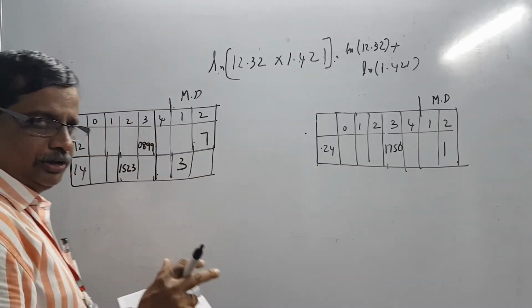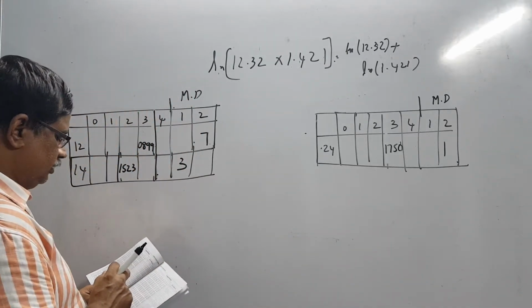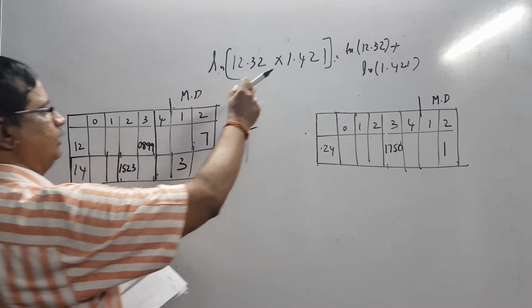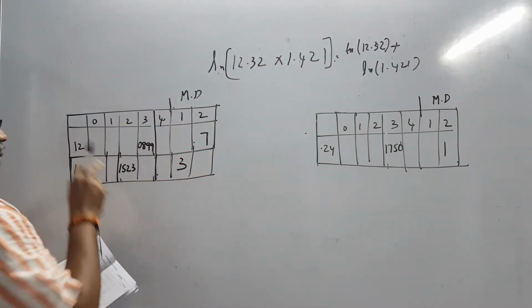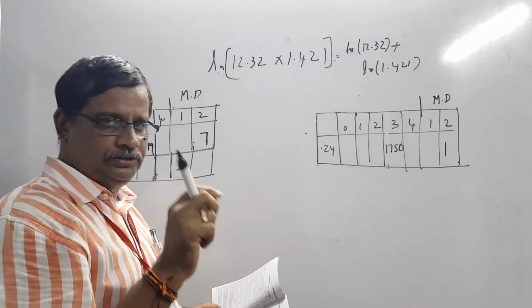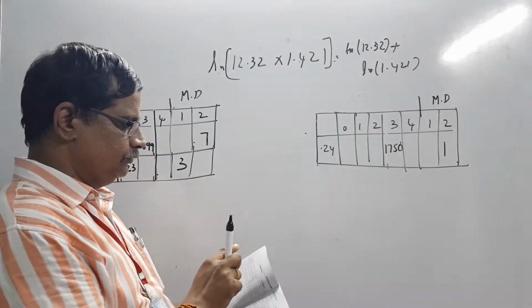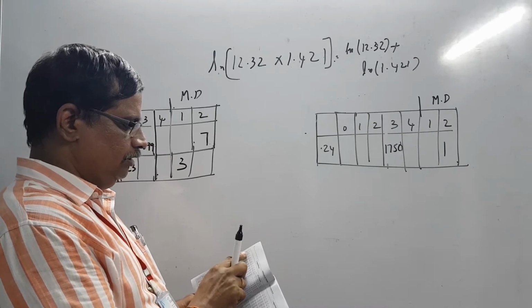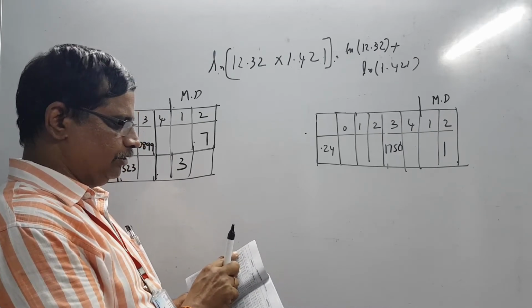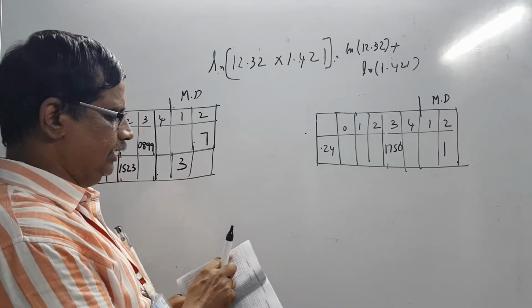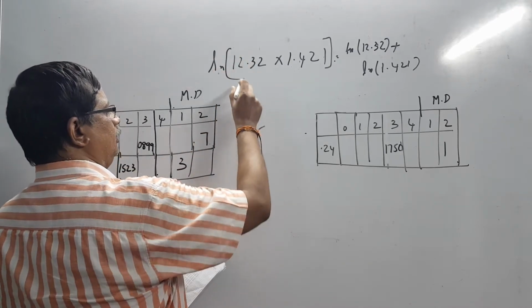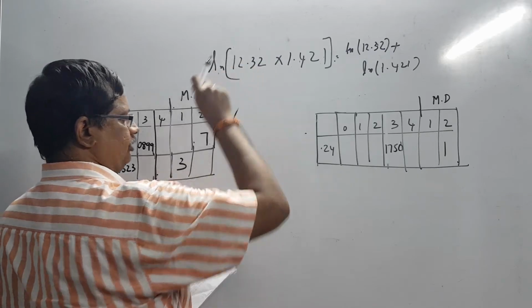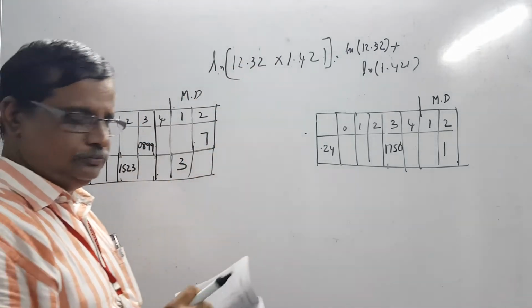Now you take the logarithm table and search for the logarithm of 12, because the first number is 12.32. So search for the first 2 digits, 12, in the first column. The first column starts with 10, you go down and you come across 12. Now the next 2 digits are 3 and 2. So what should we do?